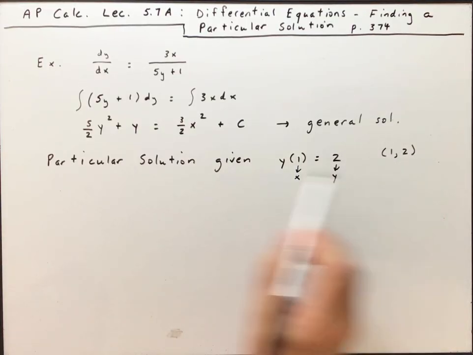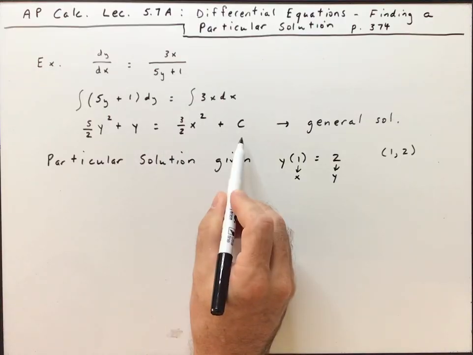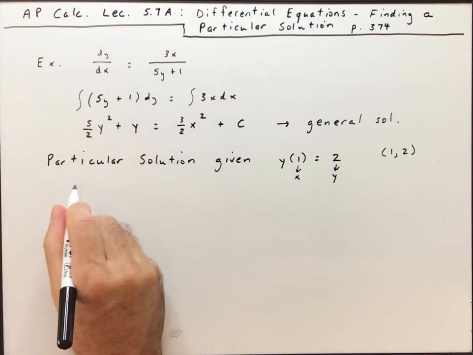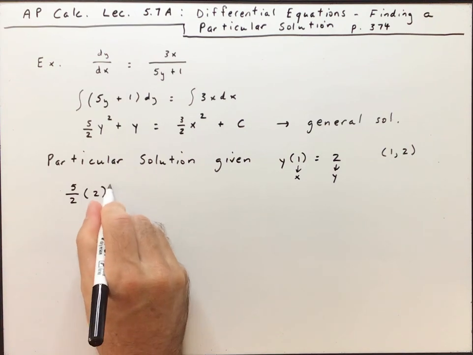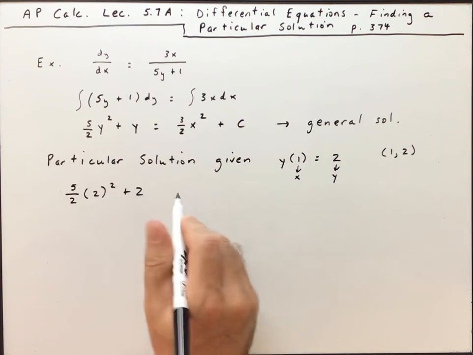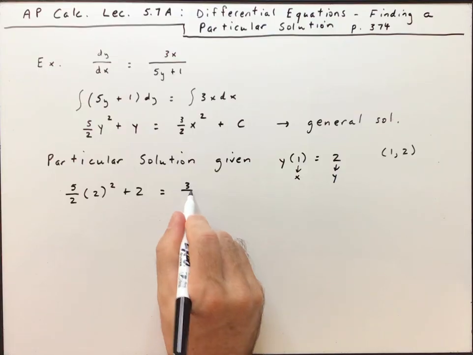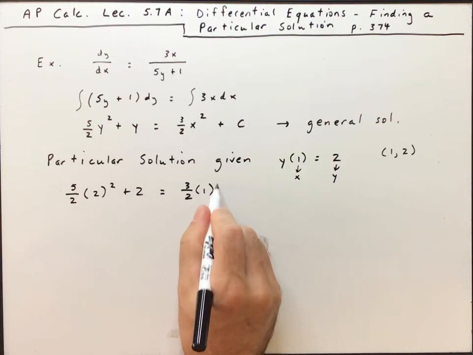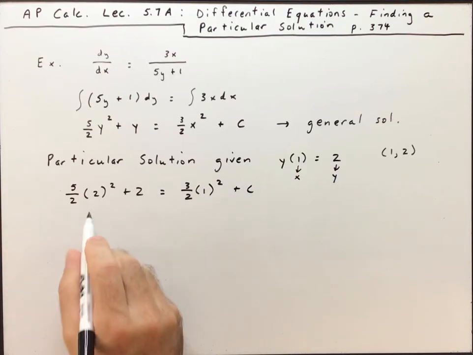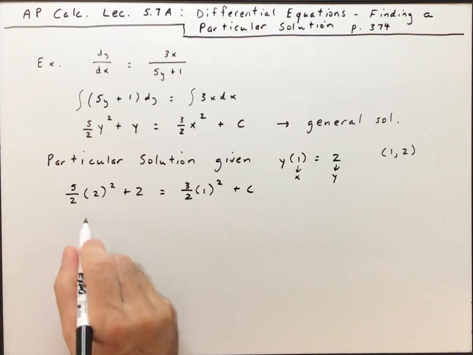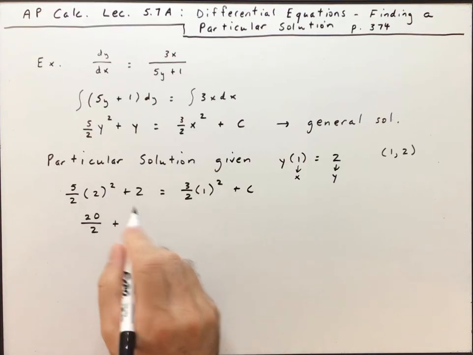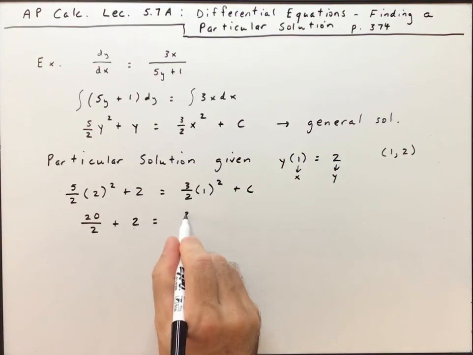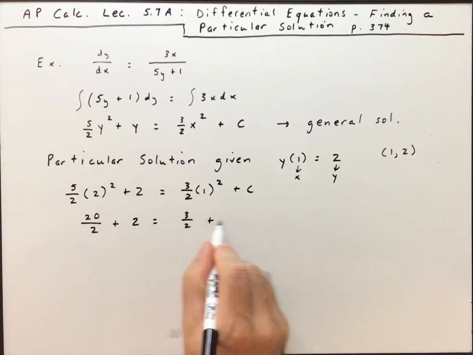Okay, so we're just going to substitute these numbers right up into our general solution and solve for c. So we'd have 5/2 times 2 squared plus 2 is equal to 3/2 times 1 squared plus c. So 2 squared is 4 times 5, that'd be 20 over 2 plus 2 is equal to 3/2 plus c.